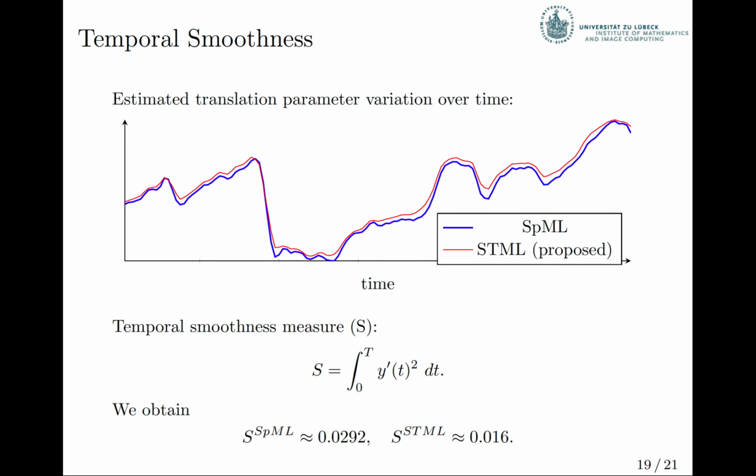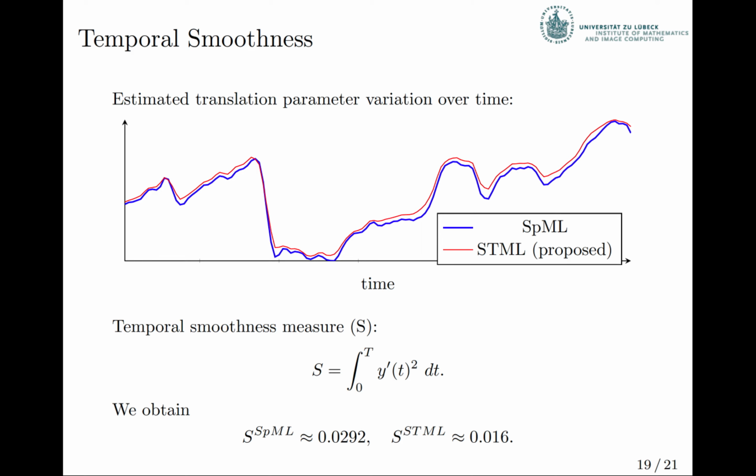Now I want to show you the temporal smoothness part. The blue line here is the result from the SPML scheme, where we are simply doing the spatial discretization, and the red curve is coming from our proposed scheme. As you observe visually, there is slight smoothness in the estimated field.